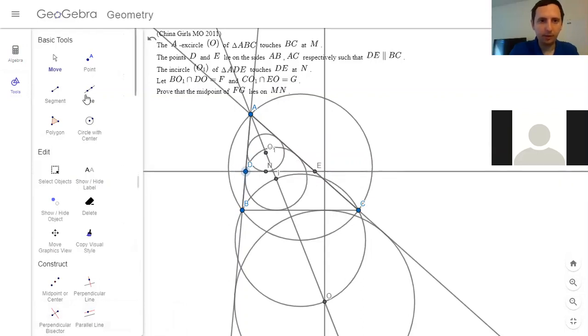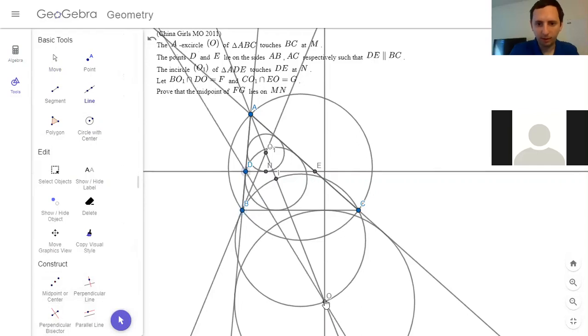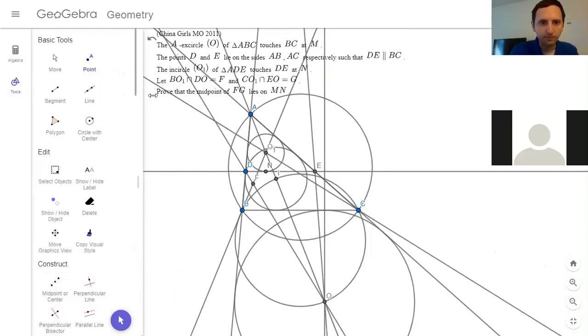But BO1 intersects DO at a point F, and CO1 intersects EO at G. We want to show the midpoint of FG lies on MN. All right, let's hide a bunch of stuff.